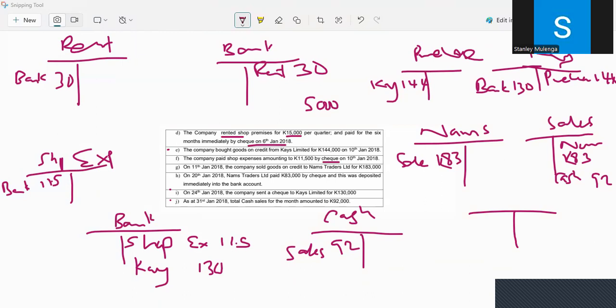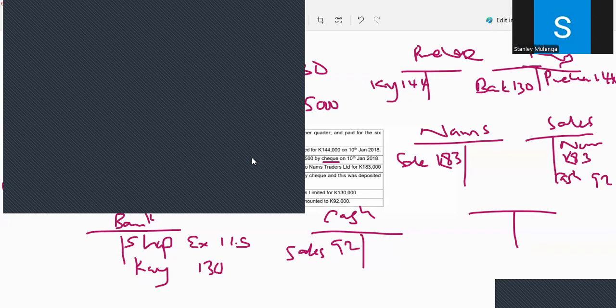So now let's go through the transactions that we had. Can you remember? Can we go through them again, so that we underscore the entries of the trial balance.